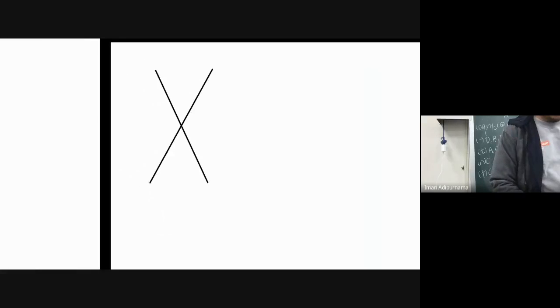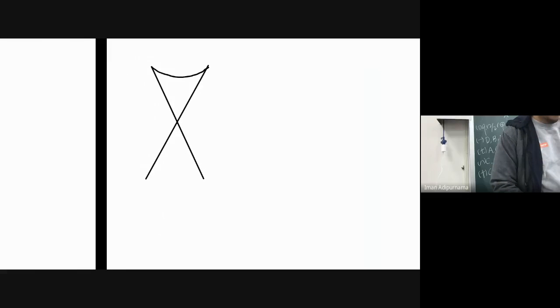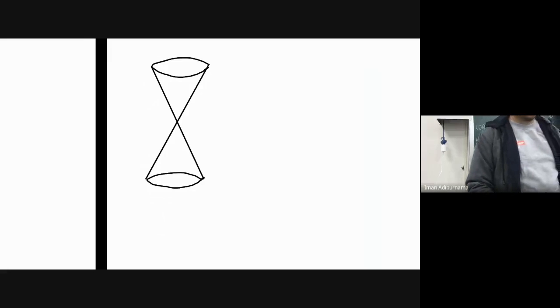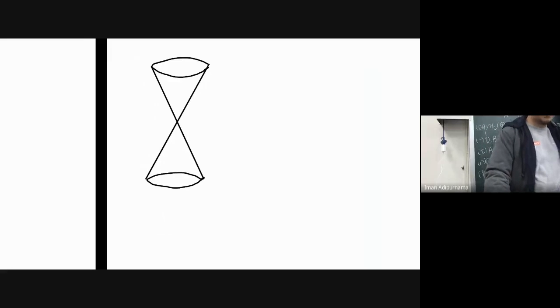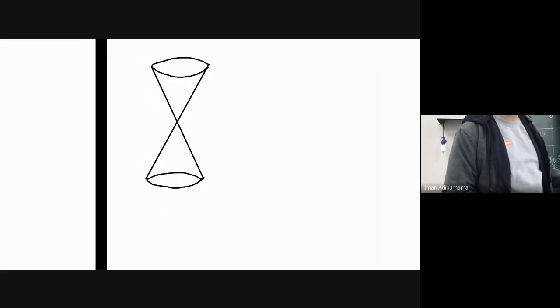So again, let me draw for you. Let's say this is a cone. By the way, in calculus 2, you will learn how to draw the cone. So you will have x, y variables. It's called the quadric surface.